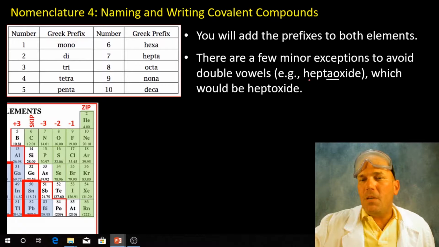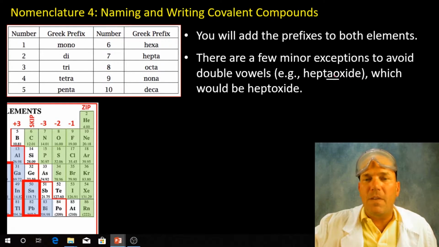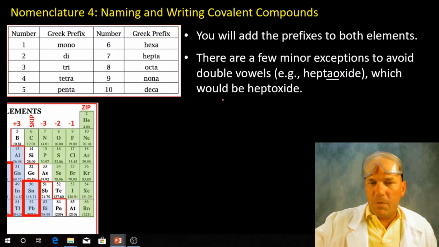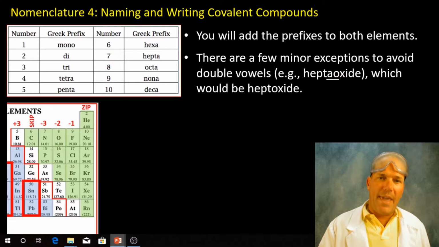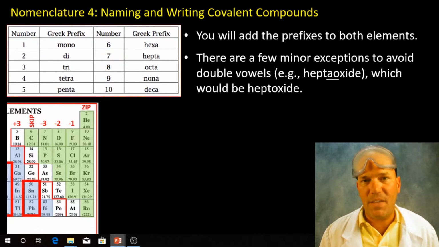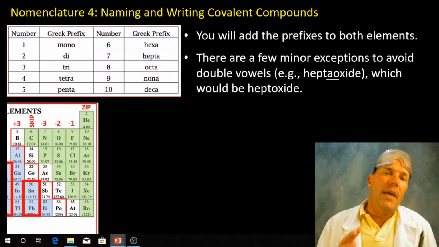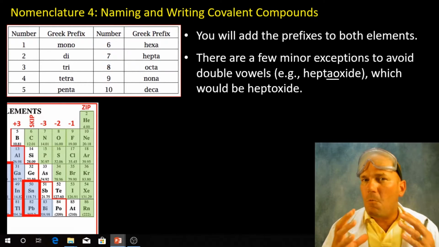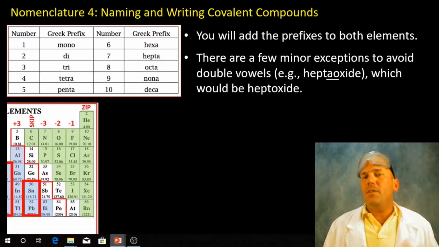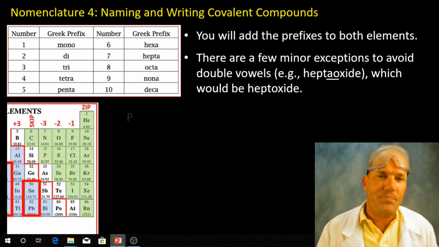For example, here where you have hepta and oxide, you have a double vowel, and that is referred to as heptoxide, where the A in hepta is omitted. Now, it's not very important to me, but I want to make you aware that there are these exceptions.